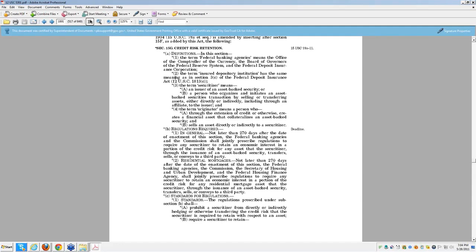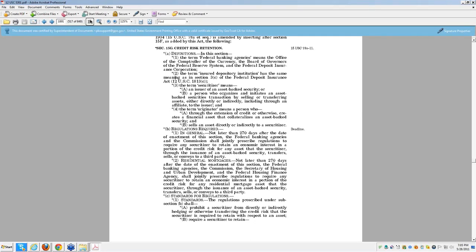1813C. The term securitizer means A, an issuer of an asset-backed security, or B, a person who organizes and initiates an asset-backed security transaction by selling or transferring assets either directly or indirectly, including through an affiliate, to the issuer.